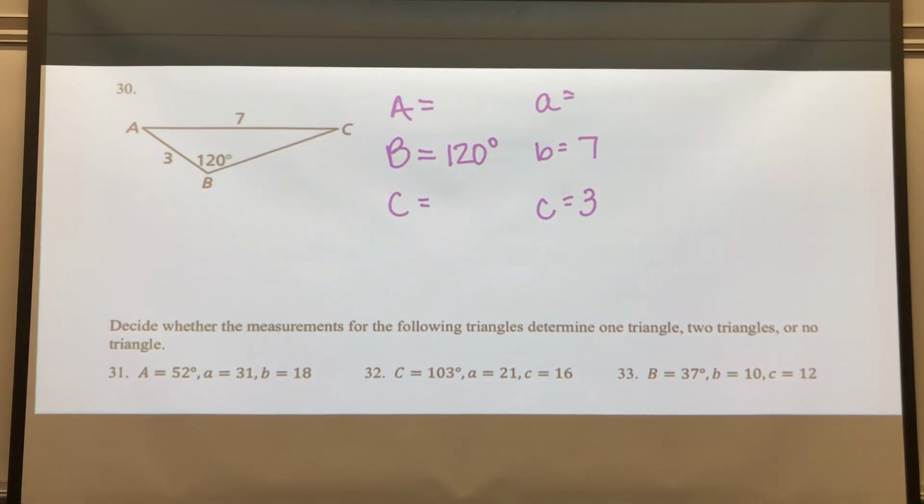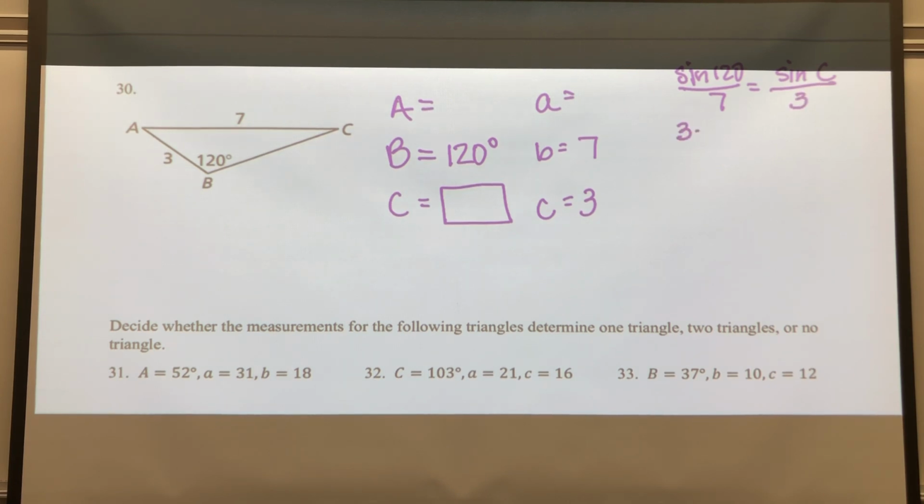Okay, so I am going to go for this one because that's all I can do. I should have written it down here. Anyway, okay. So we're gonna do sine of 120 over 7 equals sine of C over 3.